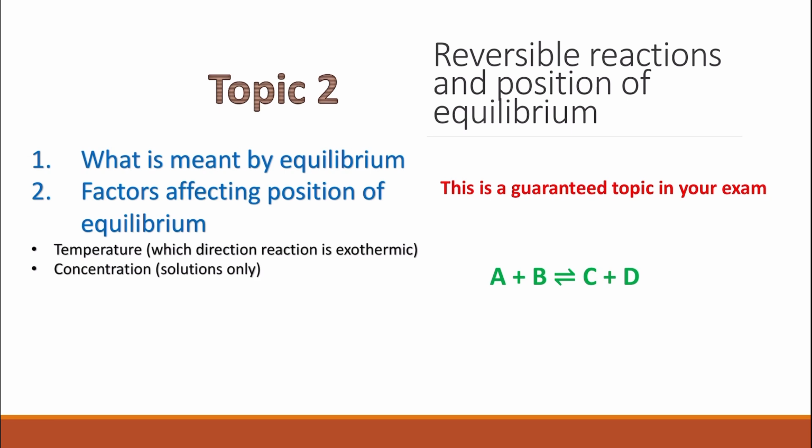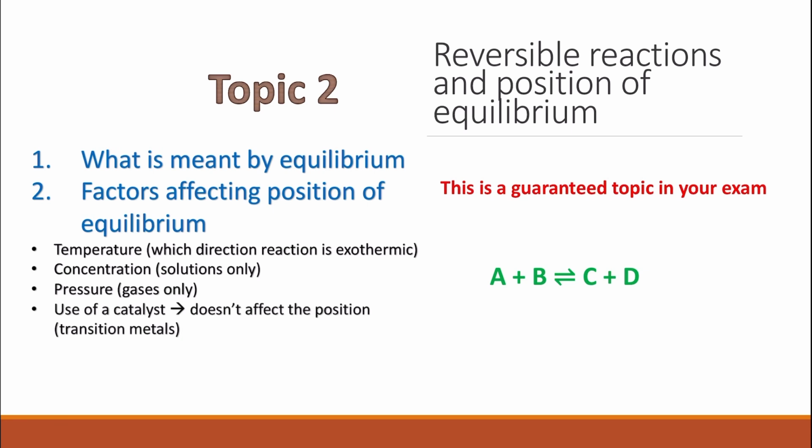And then the concentration, and that's only for solutions. If you increase the concentration of the reactant, that will push the reaction towards the product. And then the pressure, in the case of gases only: increasing the pressure will push the reaction to the side which has the lower number of moles. So remember this, just need to know which side has fewer moles.